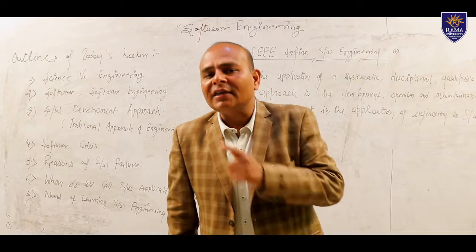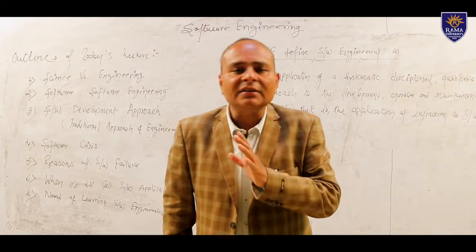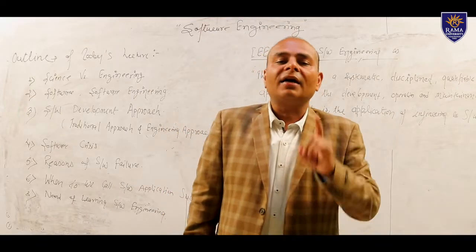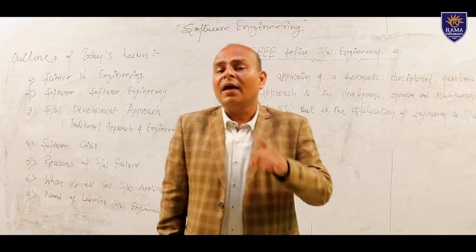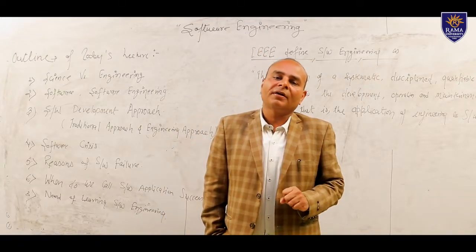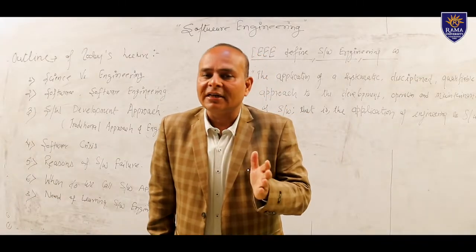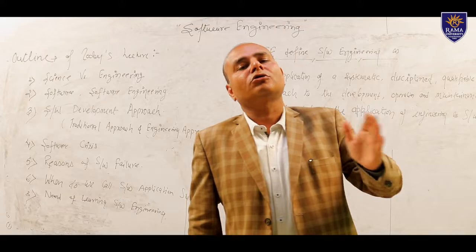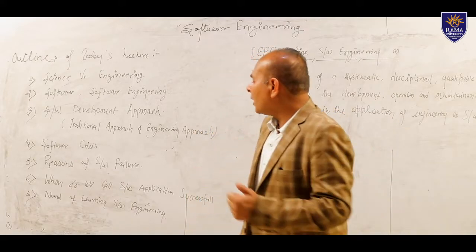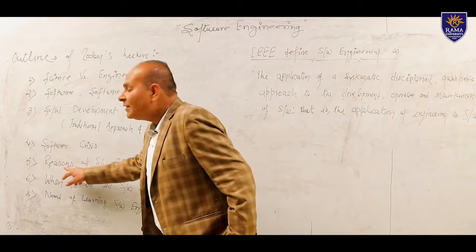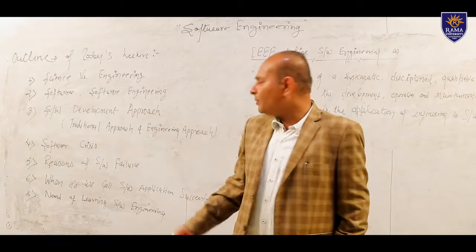For getting success, for increasing this ratio, we should adopt the right approach of software development, and this right approach is known as software engineering, or you can say the engineering approach for software development. Getting my point? Now come to the reasons for software failure.